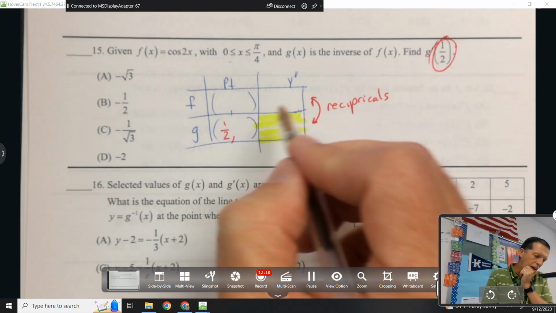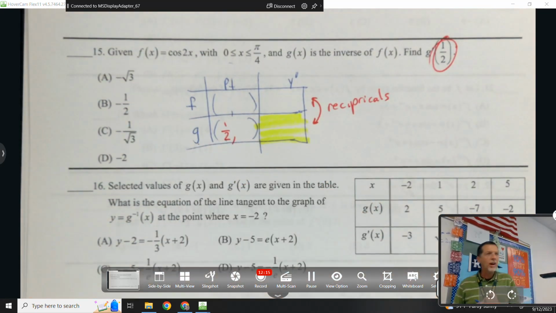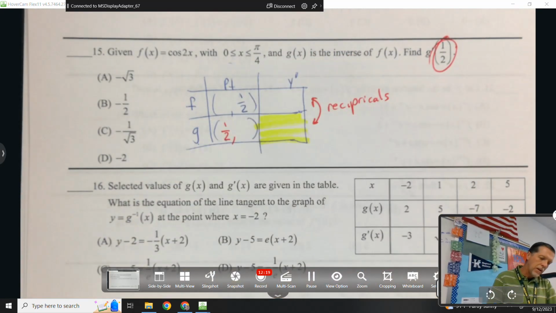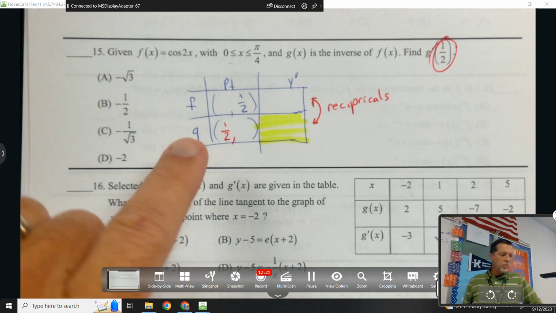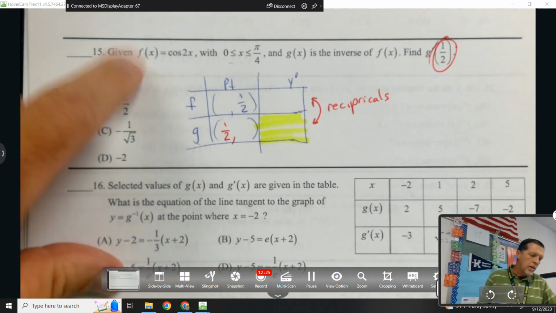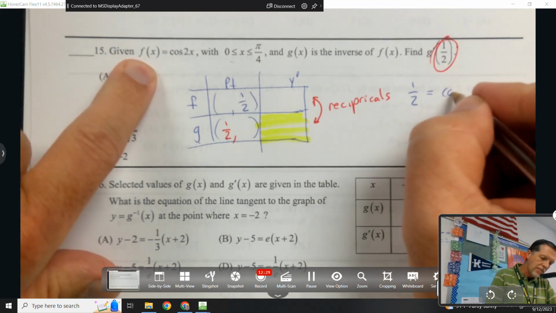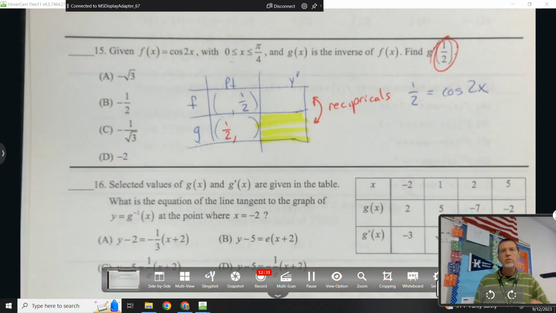Okay, now back to the details here. 1/2 is the x for g. What does that mean, or how does that help me? That means it's the y for f. And sometimes this means I now go to the table and try to figure it out, or I can go to a graph and figure it out. But this time I've got an equation. So the y value is 1/2. That equals cosine of 2x.